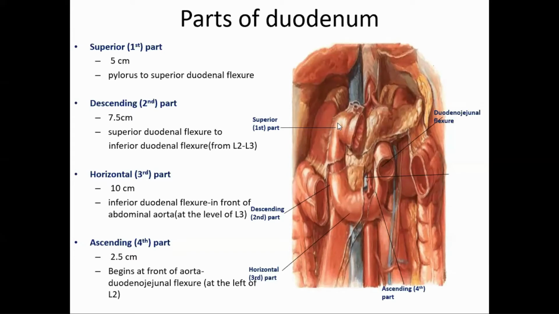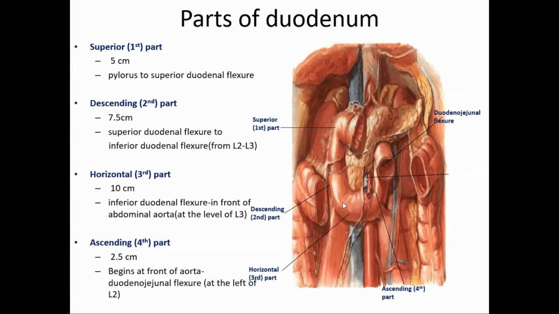Its length is 5 centimeters. The descending part extends from the superior duodenal flexure, which lies opposite L1, up to opposite L3 at the inferior duodenal flexure, and its length is about 8 to 10 centimeters.